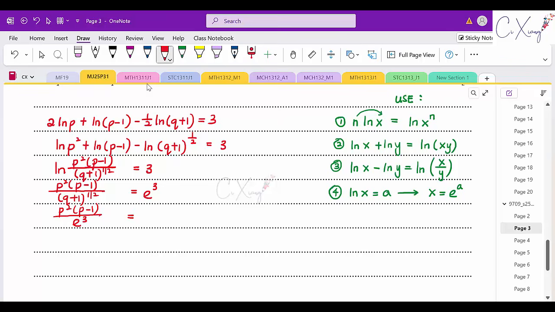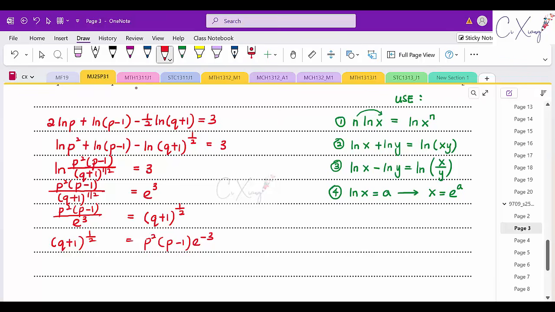And then the whole denominator with the q, I bring it to the other side. So if I rephrase it again, I'll be having p squared, then p minus 1, then e power negative 3, right? Because the denominator with the power, when you want to bring it out, the power becomes negative.